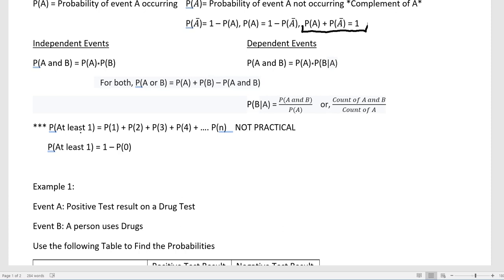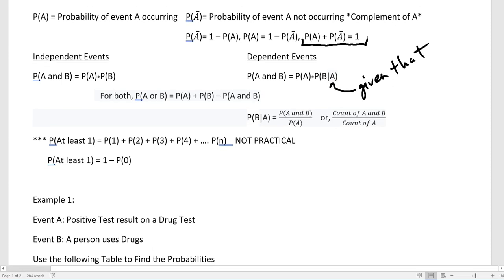So if I do the probability of A and B, it's still the probability of A, but now it's probability of B given that A has occurred. This given that implies that the probability of B has changed or has been affected by A. And we're going to kind of see how that works in this section.